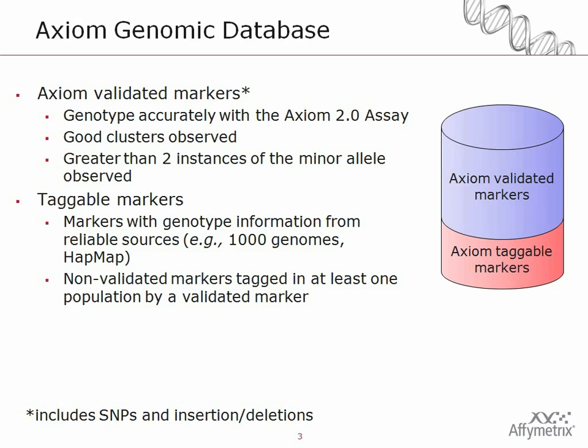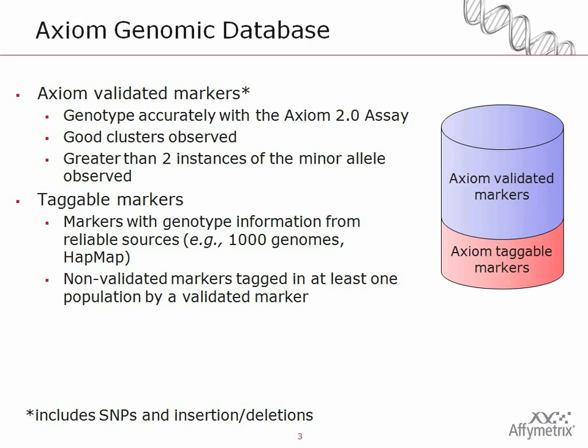But these markers do have good genotype information available from other sources in the public domain, and we can use that information to determine the R-squared value associated with Axiom validated markers, enabling one to tag those markers and use the Axiom validated marker as a proxy for one of these taggable markers.